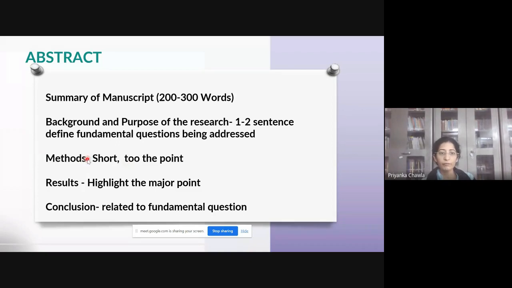The method you have applied should be short and to the point. Method means it covers the population or sample size. So data has been collected from this area with the help of convenience sampling or probability sampling, right?